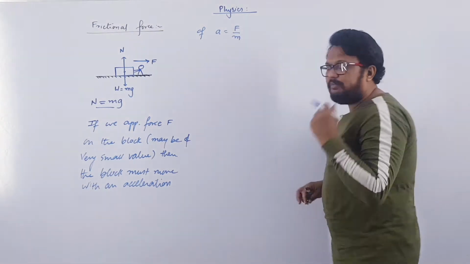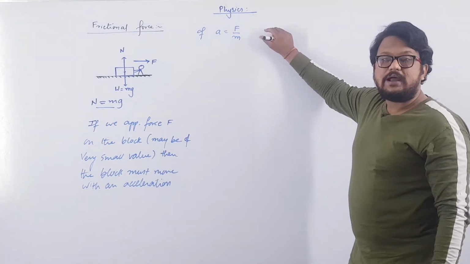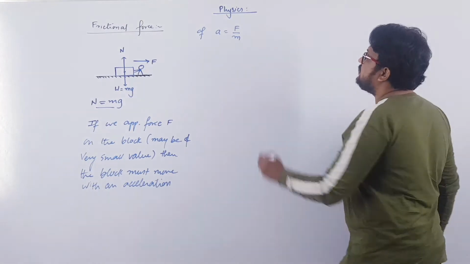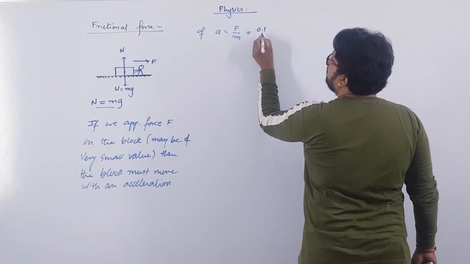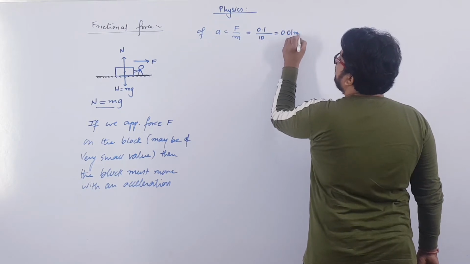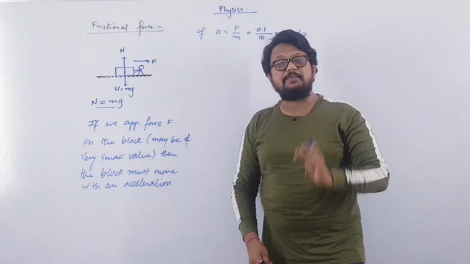Maybe this acceleration will be very small. Let us say the force you are applying is only 0.1 Newton and the mass of the object is 10 kg. Then 0.1 upon 10 gives an acceleration of 0.01 meter per second square. It means that with this acceleration also the object must move.